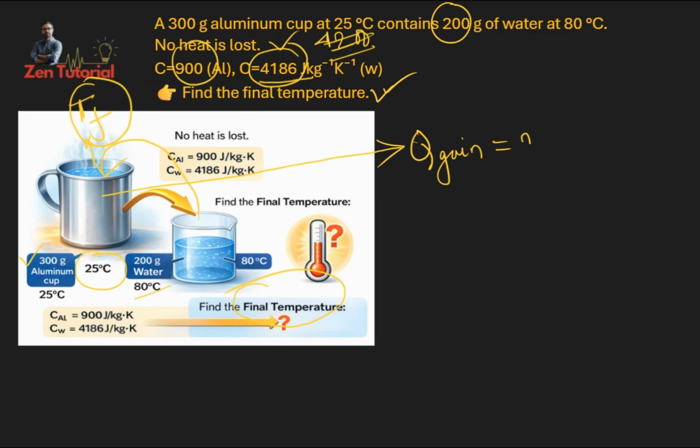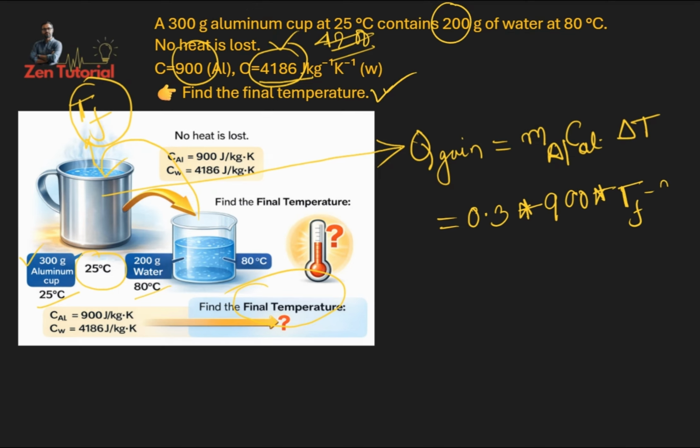So the equation will be m c, the specific heat of aluminum, and the temperature difference. The mass of the aluminum container is 300 grams, it means 0.3 kgs, and the specific heat of aluminum is 900, and the temperature is 25 degrees Celsius, and the final is TF. So TF minus 25 degrees Celsius, right?